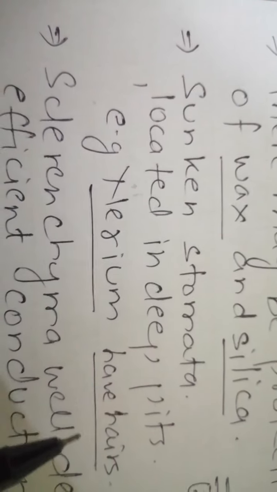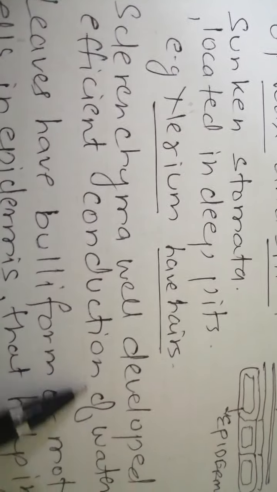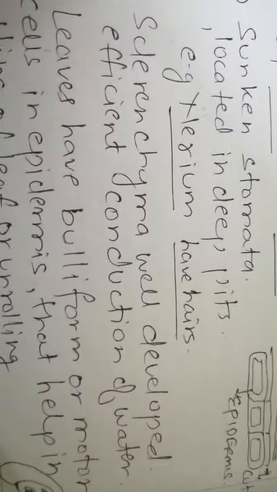These are the hair-like structures in the stomata. Now coming to another adaptation, the sunken stomata located in deep pits, already told you. Then sclerenchyma, well developed for efficient conduction of water.